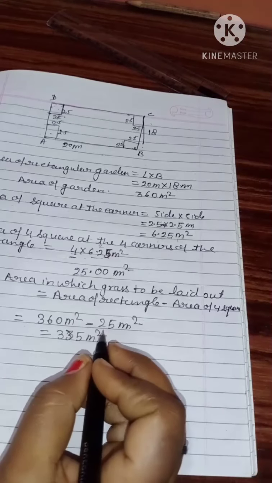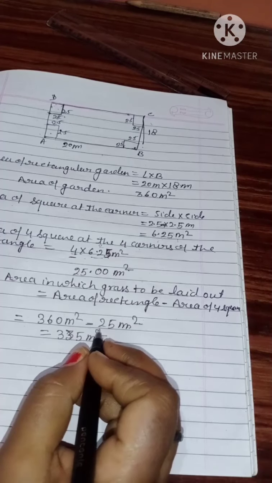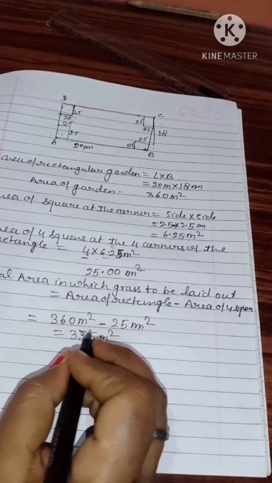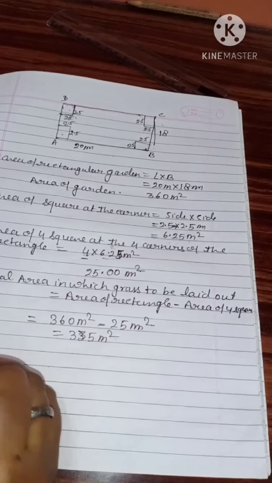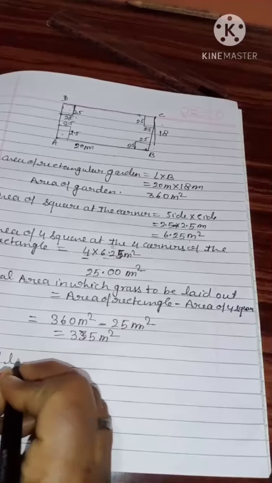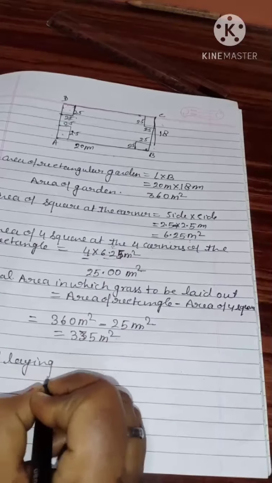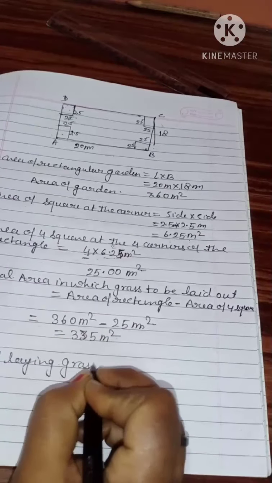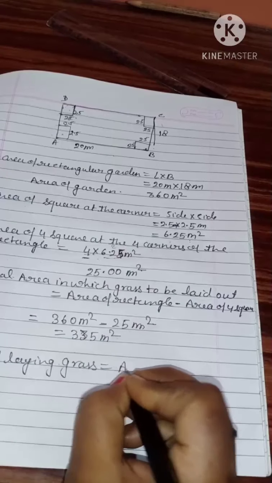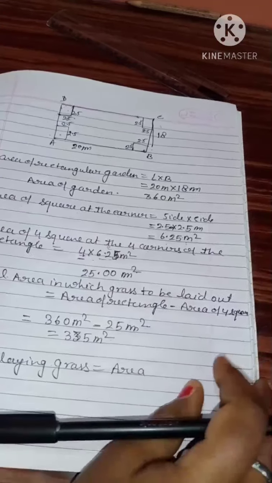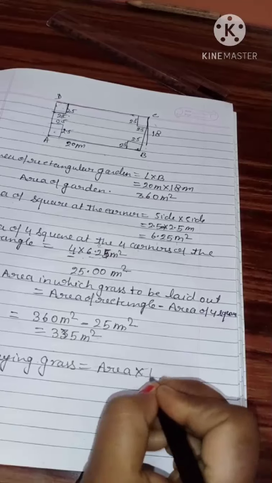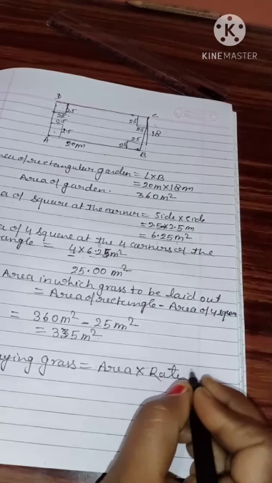Okay, now you have to find the cost of laying the grass. So you just write cost of laying grass is equal to area multiplied by rate per meter square.